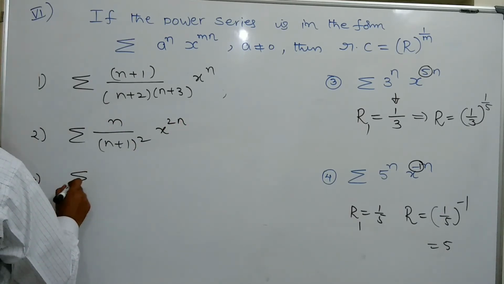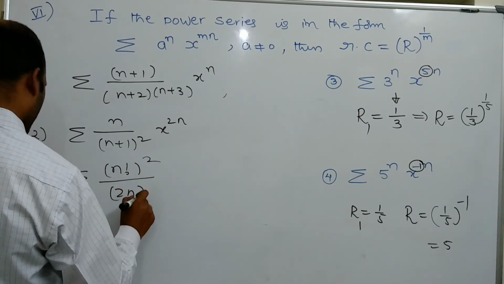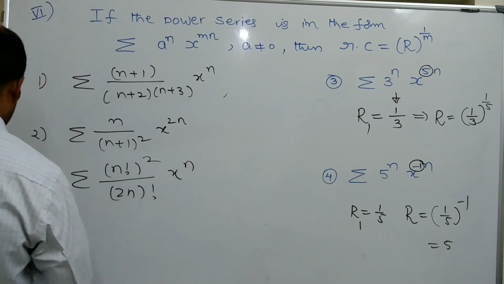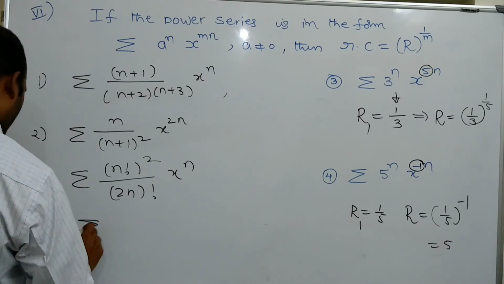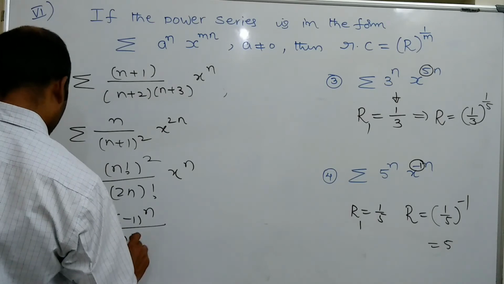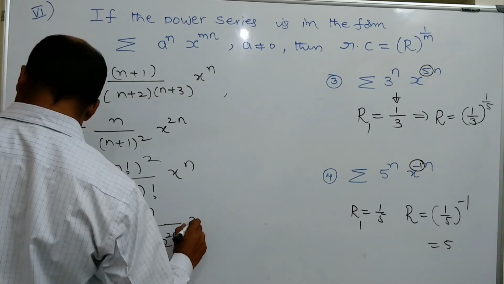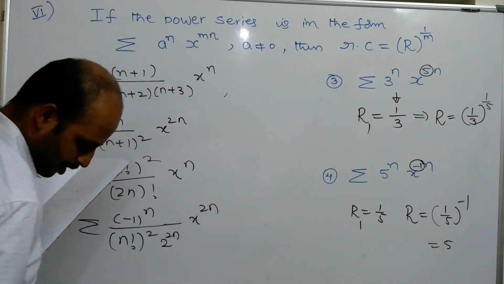Third one, summation (n factorial) whole square by 2n factorial into x power n. Fourth one, summation minus 1 power n divided by (n factorial) whole square into 2 power 2n into x power 2n.